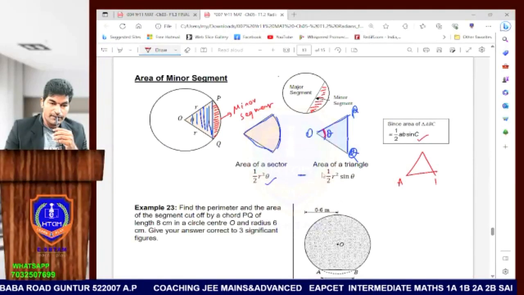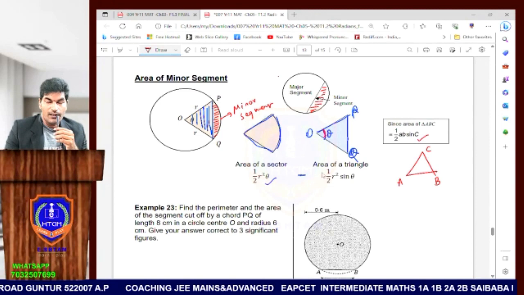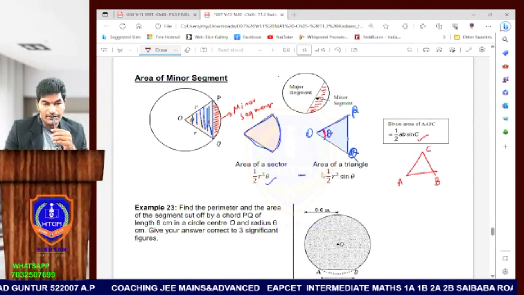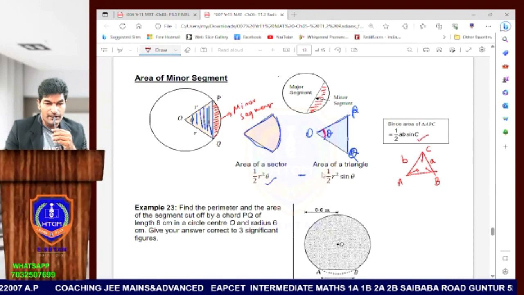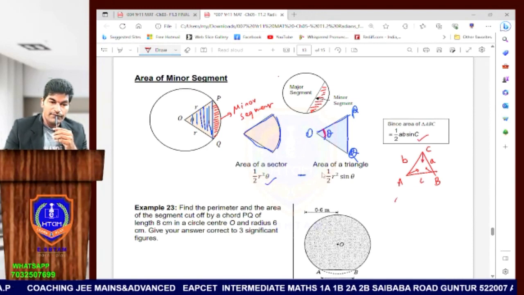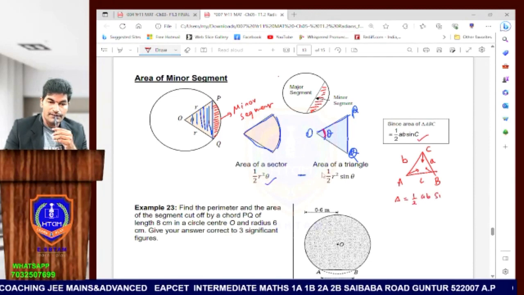Suppose this is capital A, this is capital B, and this is capital C. The side opposite angle A is small a, the side opposite B is small b, and the side opposite C is small c. Then the area of the triangle, delta, equals half into a into b into sine C. This is the formula.